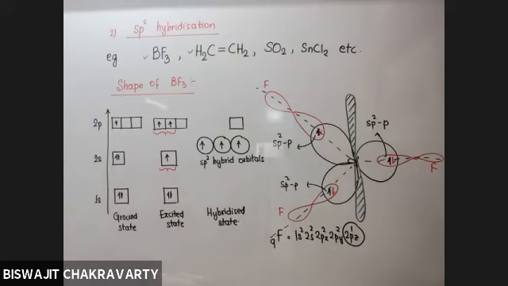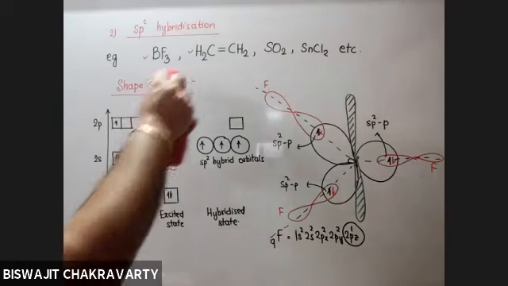Or the total number of sigma bonds in boron trifluoride is of how many types? So there are possibilities of various types of questions being asked. Can I proceed further? Yes, sir.